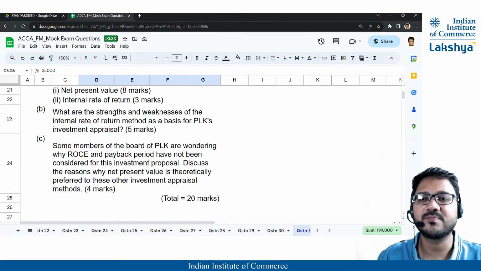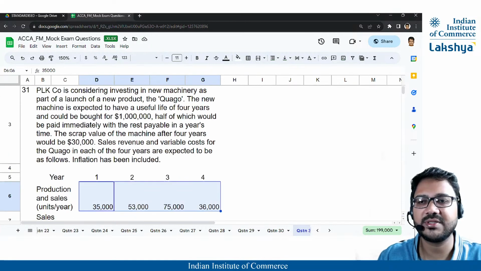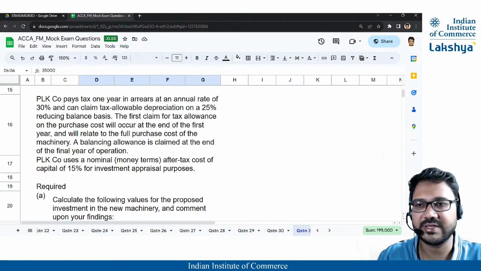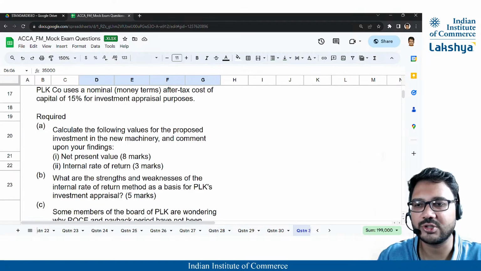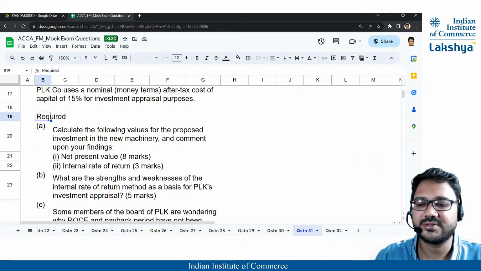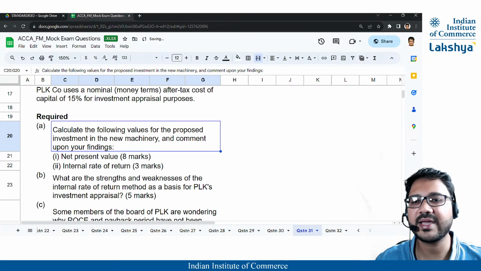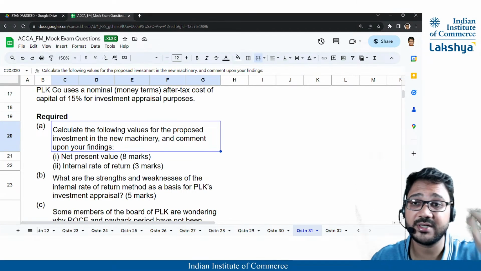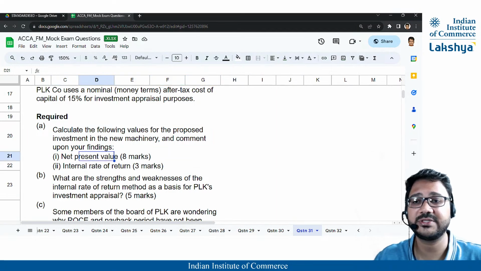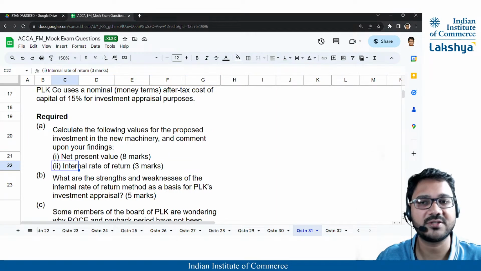Okay. Now, as we have done all big questions, firstly, before we read all of this, let us just find out what we need to do. Calculate the following values for the proposed investment in new machinery and comment on your finding. Net present value and IRR we need to calculate.